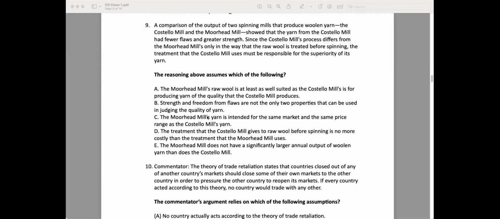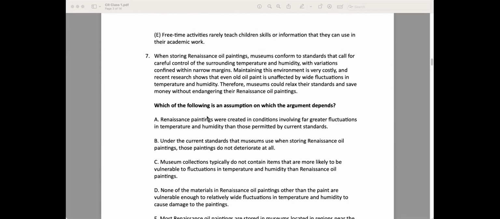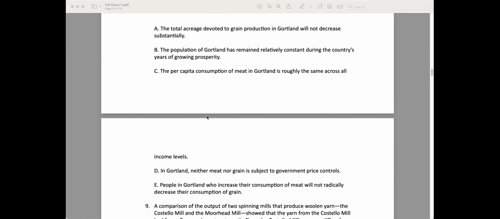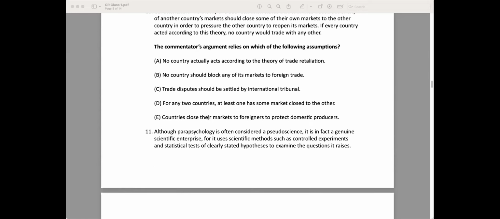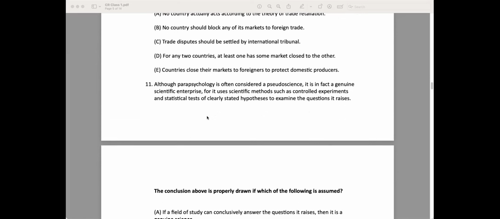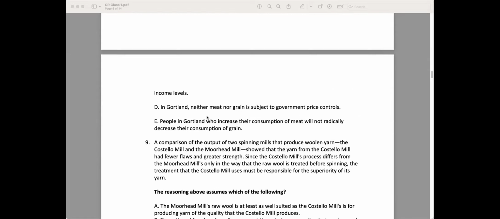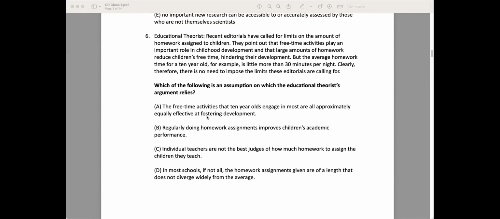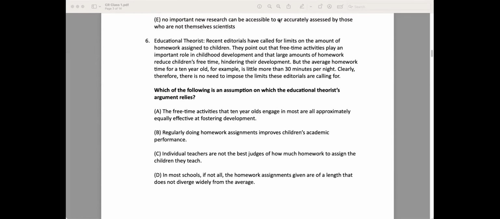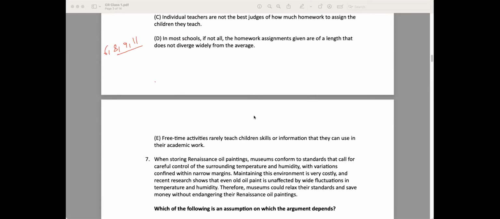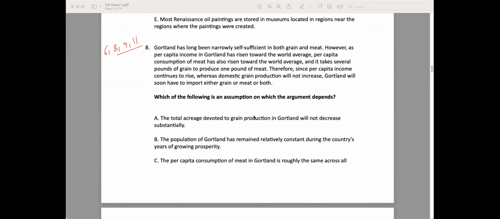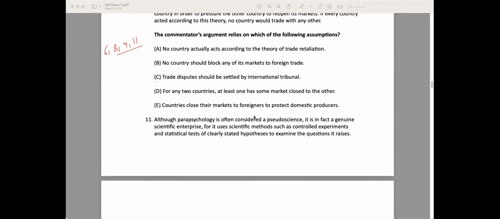Let's do one more. 6, 8, 9, and 11. Give them a try. Again, try to find a pattern wherever you can. I'm not saying you can find a similar pattern in all the questions, but try to find it wherever you can. 6, 8, 9, 11.